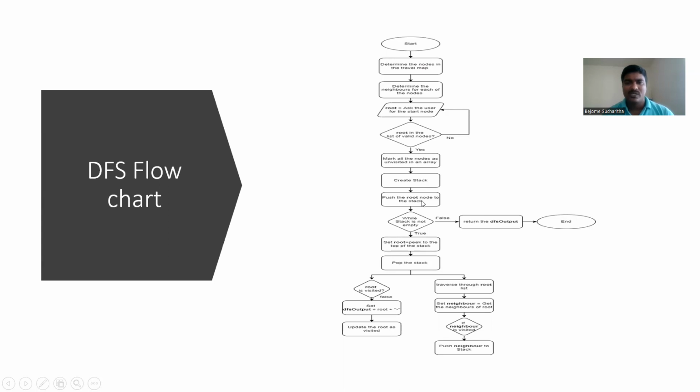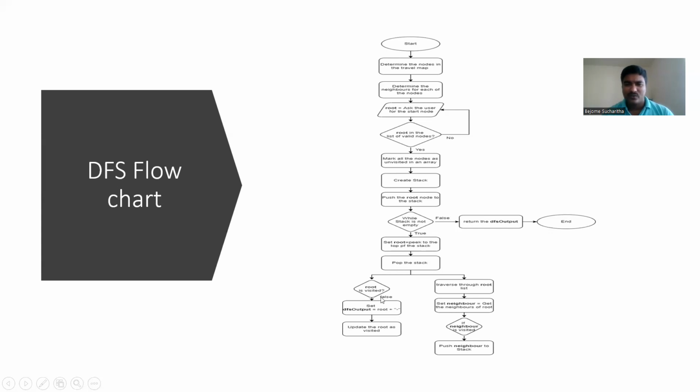Create a stack and push the root node to the stack, and check whether the stack is empty. If it is true, go to the next step; if it fails, return the output at the end. Then set root equal to the top of the stack, pop the stack, mark the route visited, and travel through the route listed.